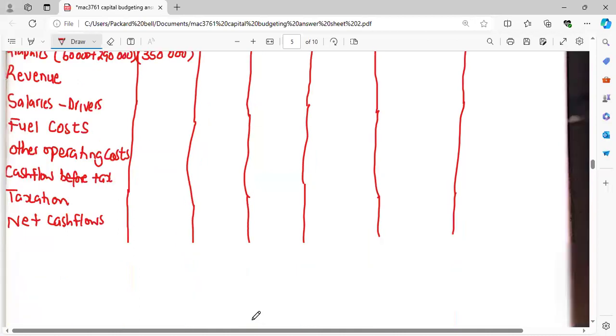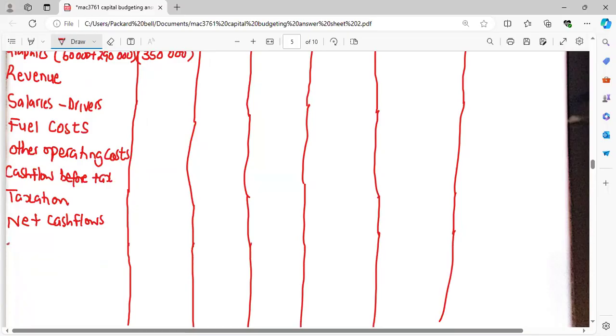After your net cash flows, then the next thing that you need is your discounting factor. Then you need your discounted cash flows.